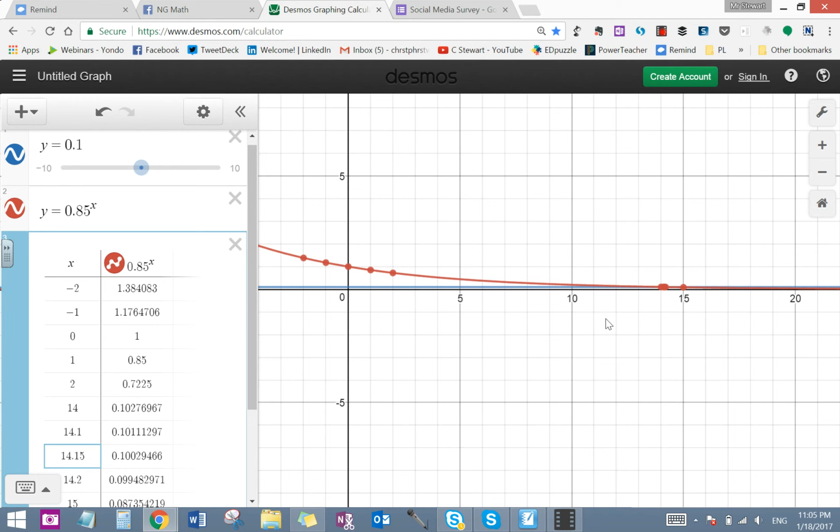So you can see over here, we're really squeezing in along towards that point of intersection. So that's another way you can use Desmos in a table feature in order to find points of intersection, or to solve other problems if needs be.